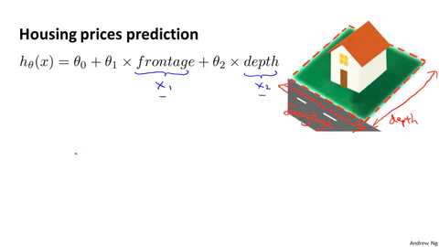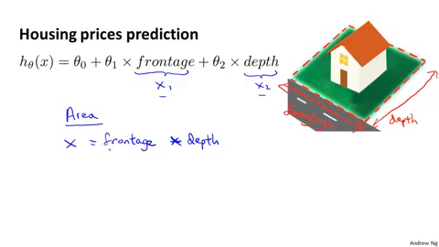So if I want to predict the price of a house, what I might do instead is decide that what really determines the size of a house is the area, really the land area that I own. So I might create a new feature, I'll just call this feature x, which is frontage times depth. This is a multiplication symbol, right?